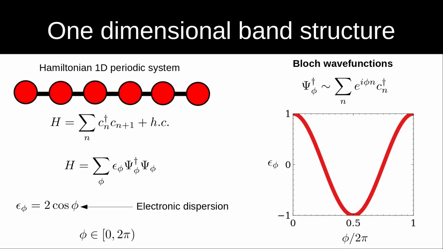What this actually means is that the effective mass at the top of the band is opposite to the effective mass at the bottom of the band. So at the bottom of the band, we are going to have effectively electrons, quasi-particles with positive mass. At the top of the band, we are going to have what we usually call holes, so quasi-particles with negative mass.